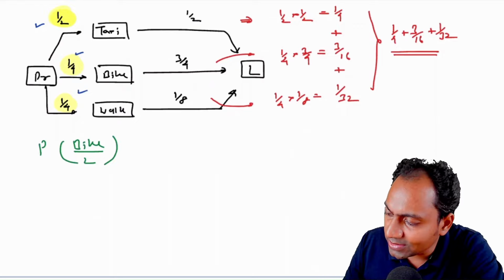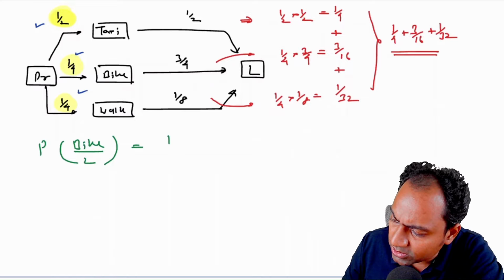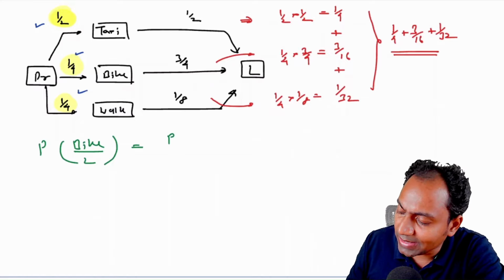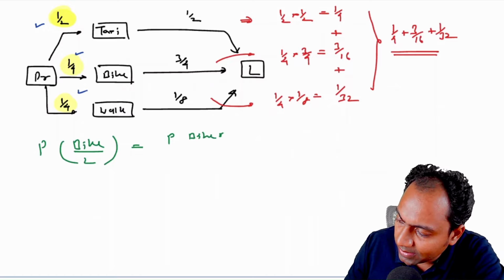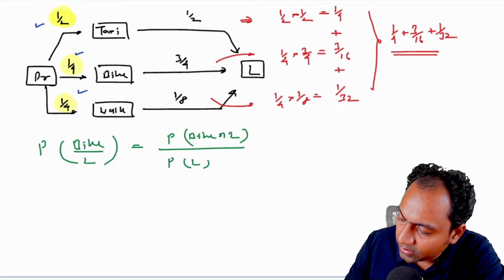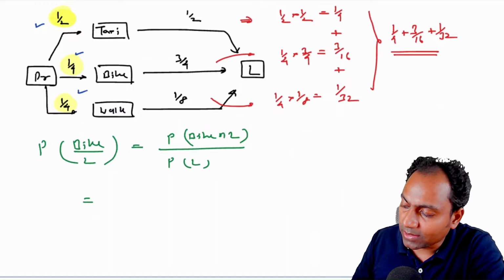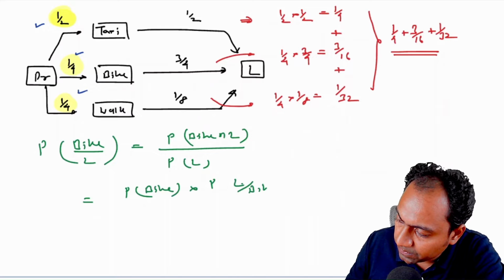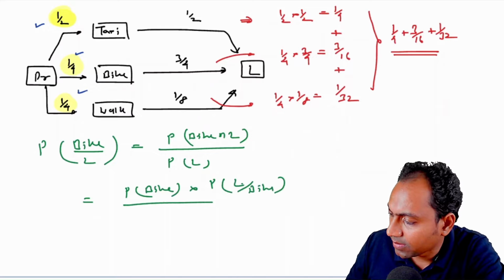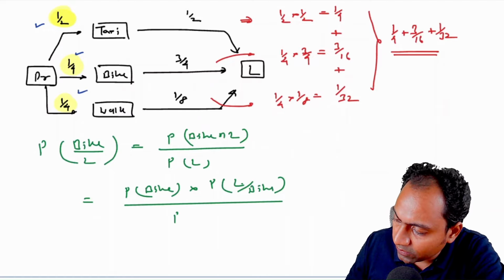Now how to find this? In order to find this, we are going to again apply conditional probability and write this as nothing but bike intersection late divided by probability of late. So if I want to write it down, the numerator can be written from the multiplication theorem as probability of bike into late by bike, divided by probability of late.